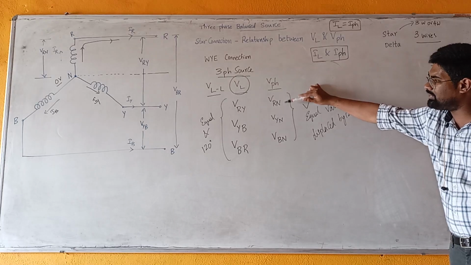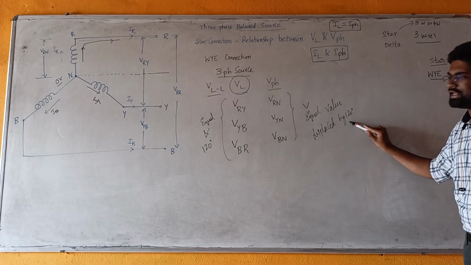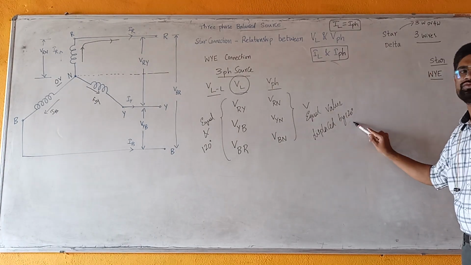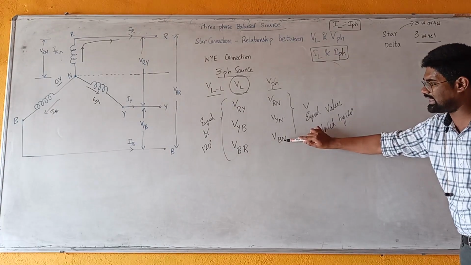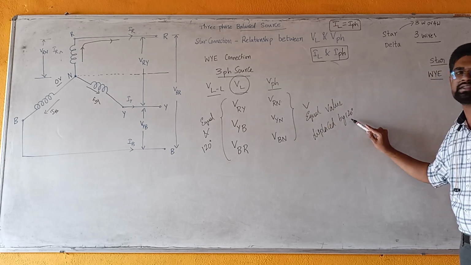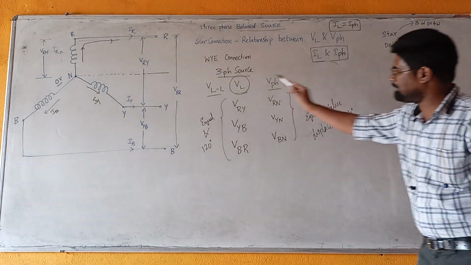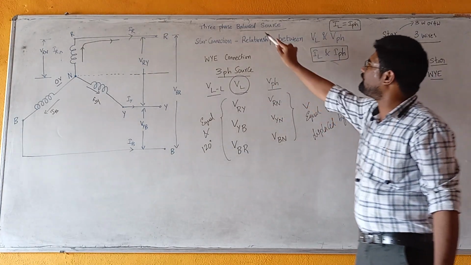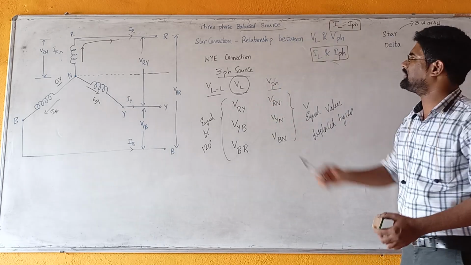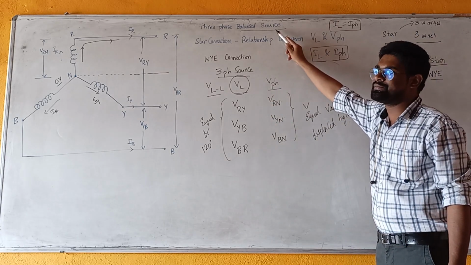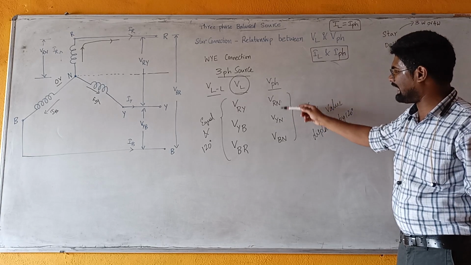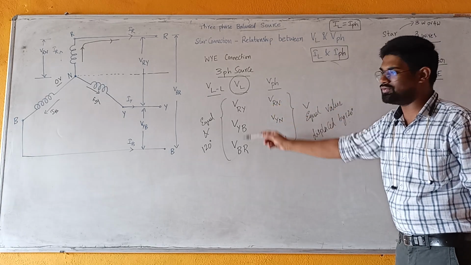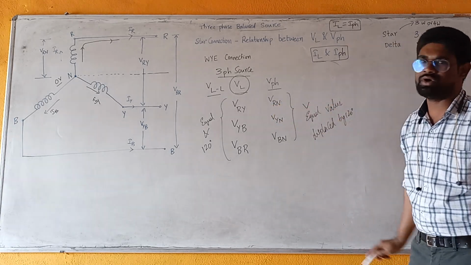Phase angle between VRN and VYN is 120. VYN and VBN is 120. Similarly, phase angle between VBN and VRN is 120. Such a type of system is called three-phase balanced source. A three-phase balanced source consists of three line voltages or three phase voltages.